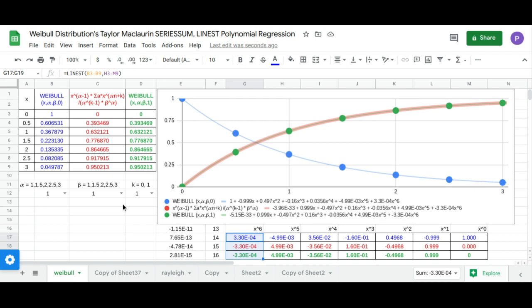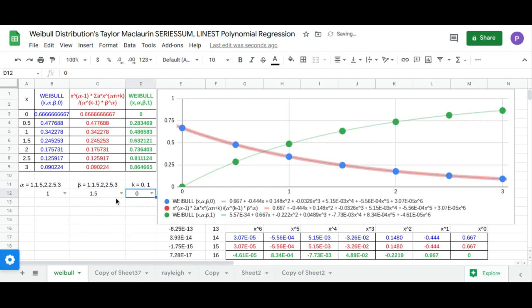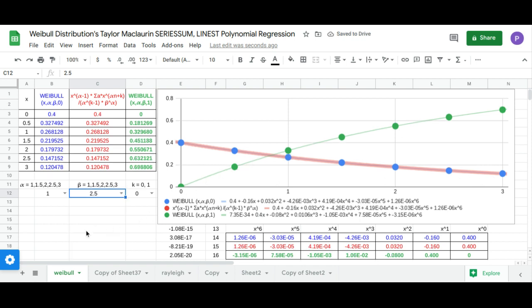Now we can continue. We change beta to 1.5, 1.6, and we can toggle this and change it to 2. You notice this is the exponential. This is exponential decay, and this is exponential saturation.